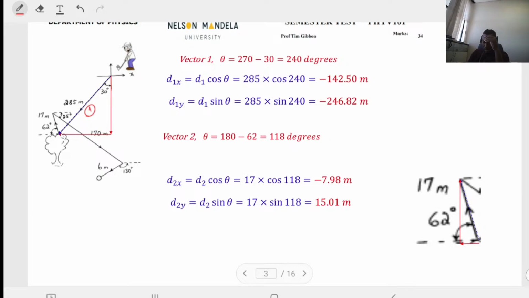This vector goes from this point up to this point. This is my theta, because the angle starts from the x-axis, which is the origin in this case, and then I must go all the way to where the vector is. From that point to this point is 180, and all the way here is 270 degrees. This angle did not reach 270, so it is 270 minus 30 degrees, which is 240.